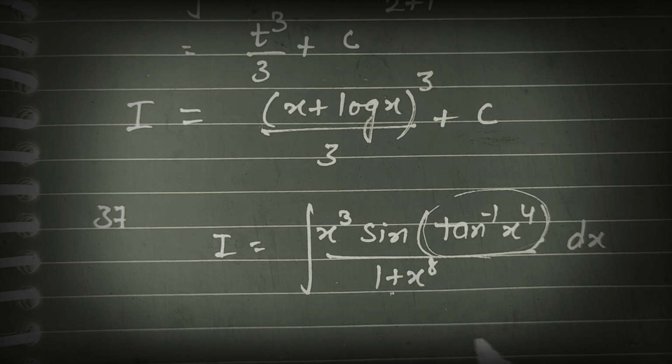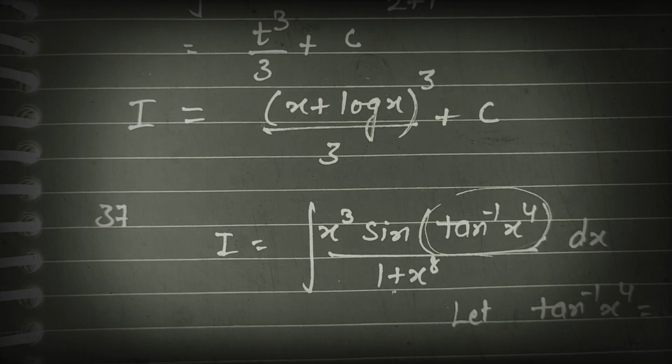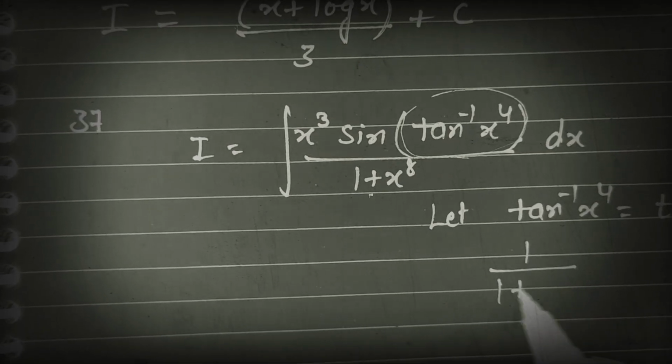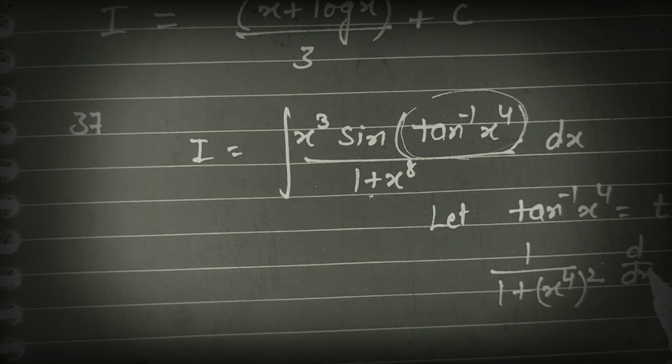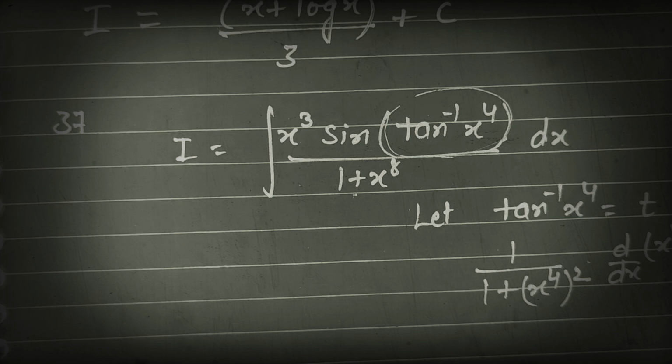We know that the derivative of tangent inverse x is 1 upon 1 plus x square. In place of x, we have x raised to power 4. So the derivative is 1 upon 1 plus x raised to power 4 whole square into d by dx of x raised to power 4, which is equal to dt. Clear?